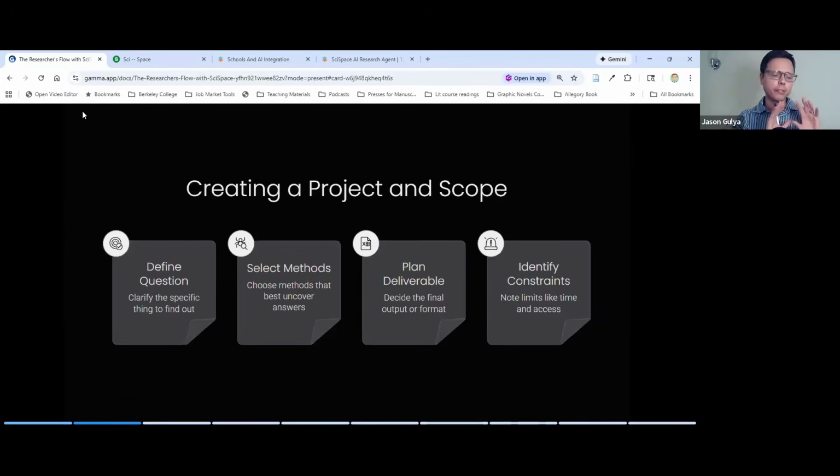I'm trying to figure out what my project is and how big I can make it, or the scope of that project. So the first thing I try to do, and this is going to be really key when we go into SciSpace and see what it does, is defining a question. You're going to clarify the specific thing you want to find out. And again, this is not new to us. What will be new is how we apply it to the AI research context.